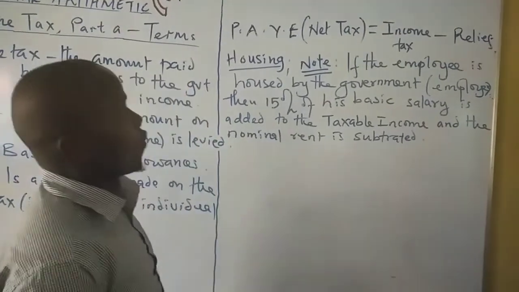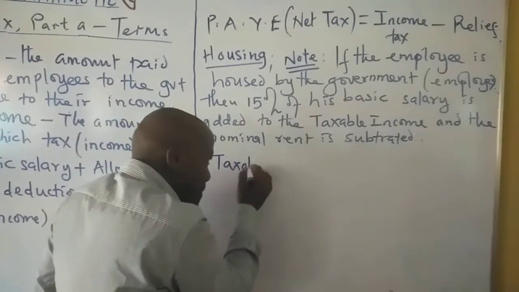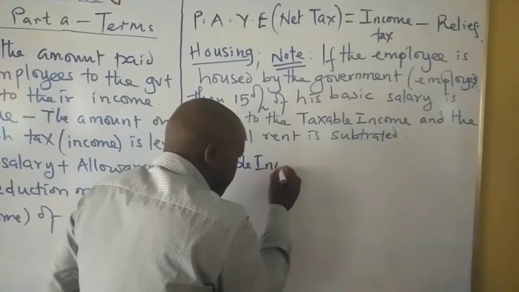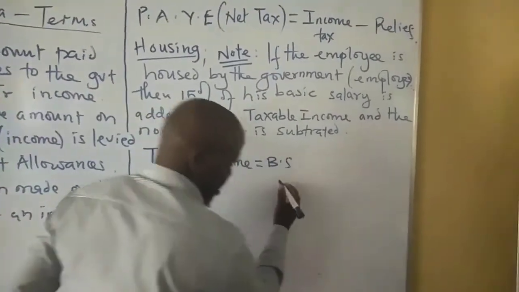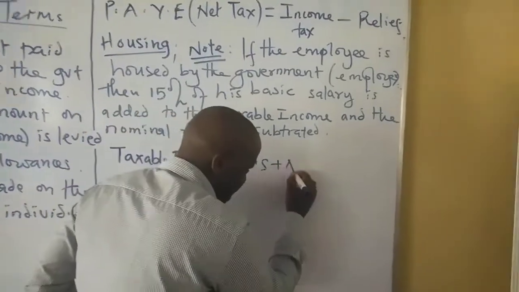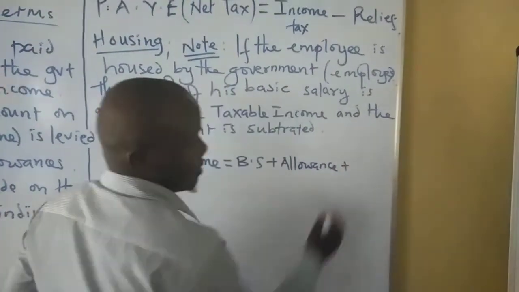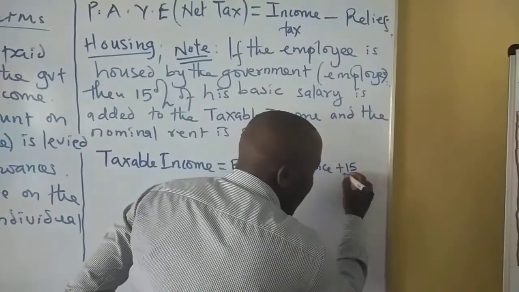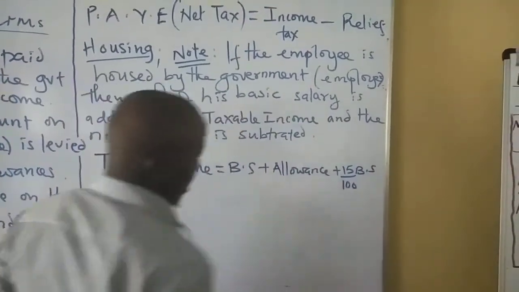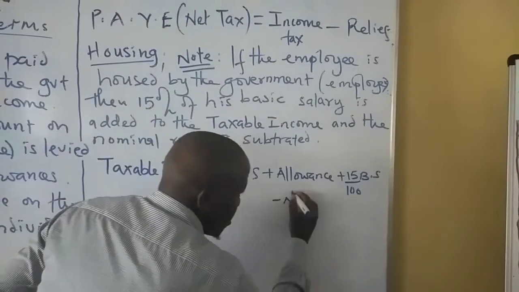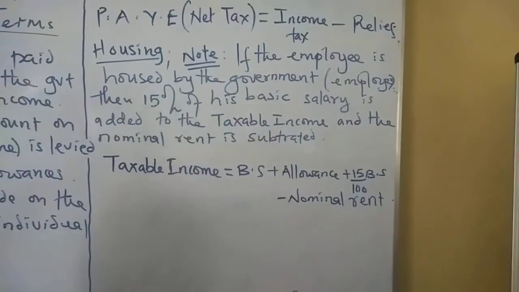In this case, the taxable income will be calculated by taking the basic salary plus any other allowance plus 15% of basic salary, which will be now the house allowance, minus nominal rent.